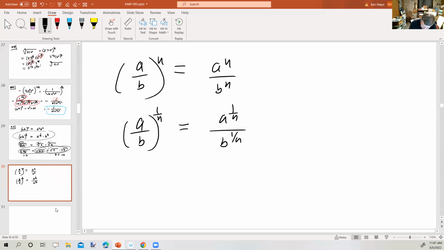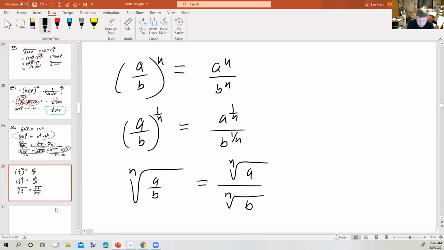Writing this in radical notation, that would be the nth root of the quotient A over B, which would then become the nth root of A over the nth root of B. So if I have a quotient under a radical, I can separate the numerator from the denominator as different radicals, but all with the same index as the original.